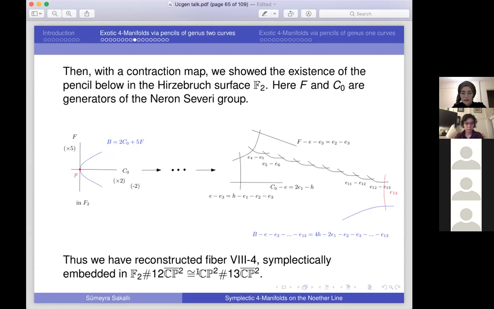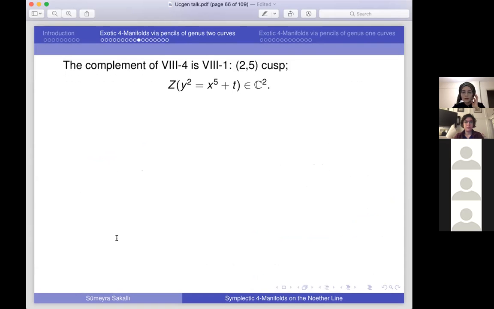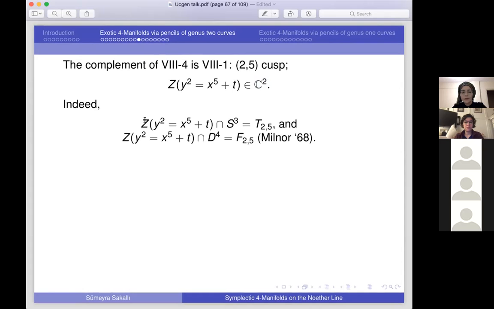And this is lying inside this 4-manifold. And then I also know that inside this manifold, the complement of this singularity is the 2-5 cusp. And let me now talk about this a little bit. What do we mean by 2-5 cusp? It is the zero set of this polynomial inside C2. And in fact, when you take the zero set and intersect that with the 3-sphere, it gives you the 2-5 torus knot.